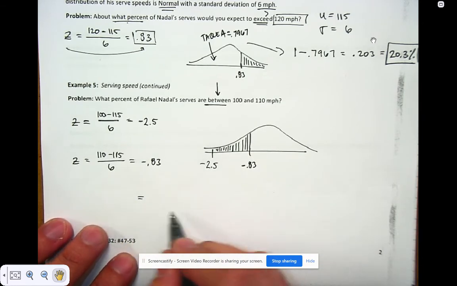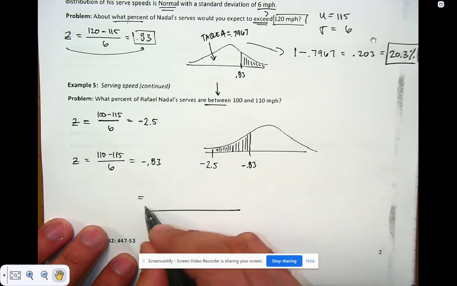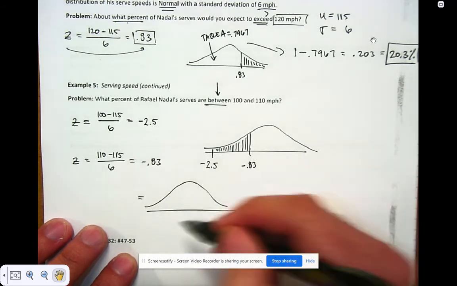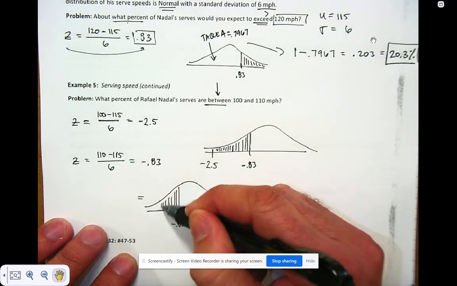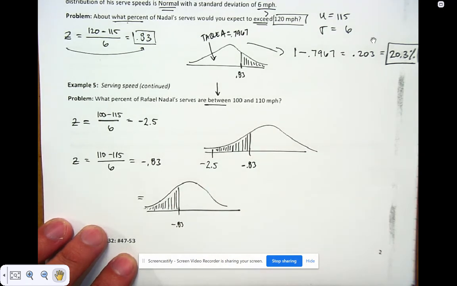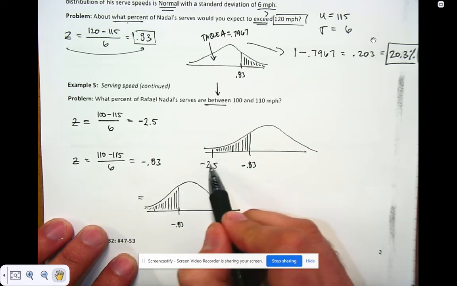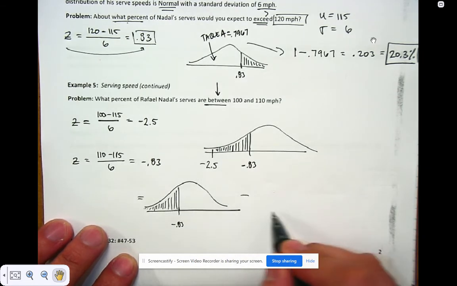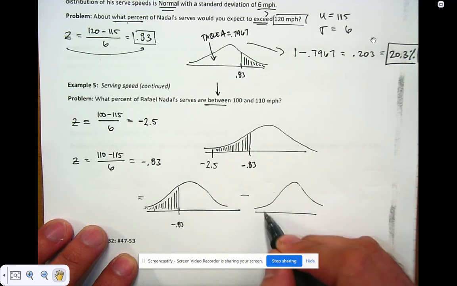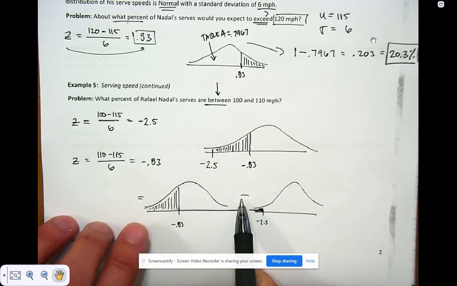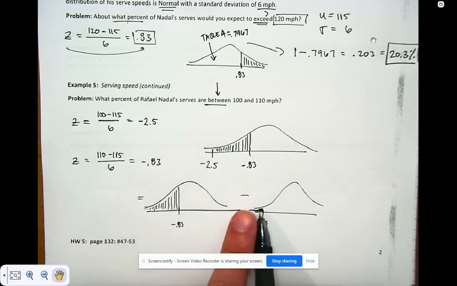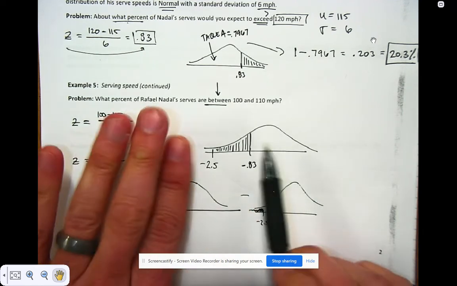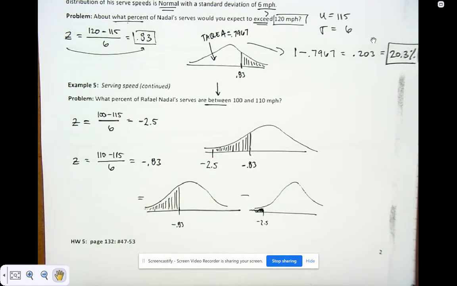So let's find the area to the left of negative 0.83, which is all of this. That's not my answer because I want to stop at negative 2.5. So I'm going to find that little tail part from negative 2.5 and subtract it. I have this whole thing that goes to the left forever, and I'm going to chunk off that little piece and end up with what I'm looking for, which is this value.